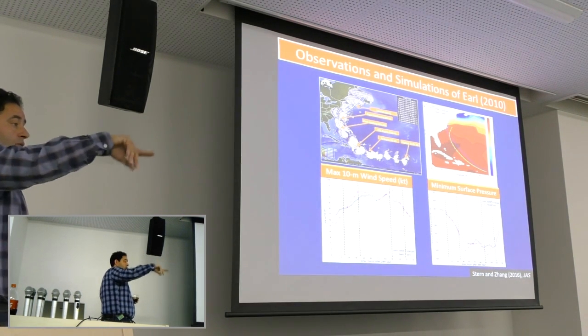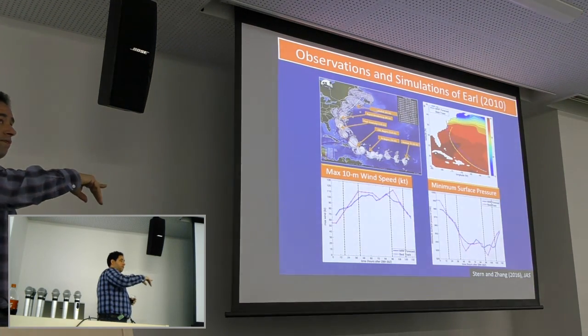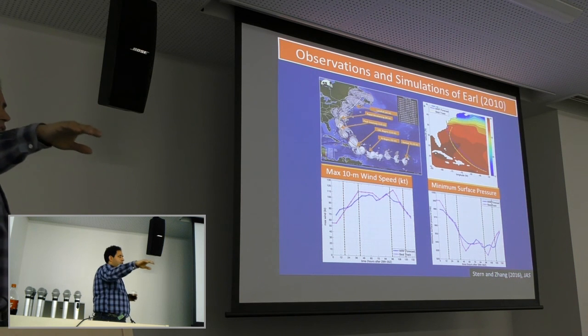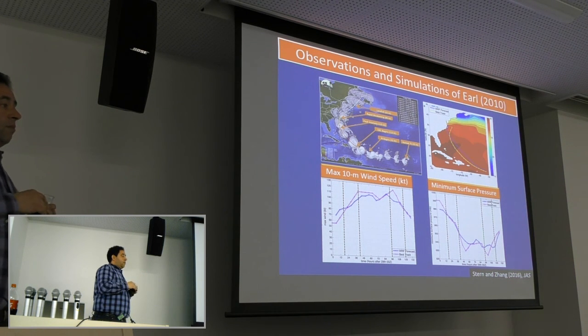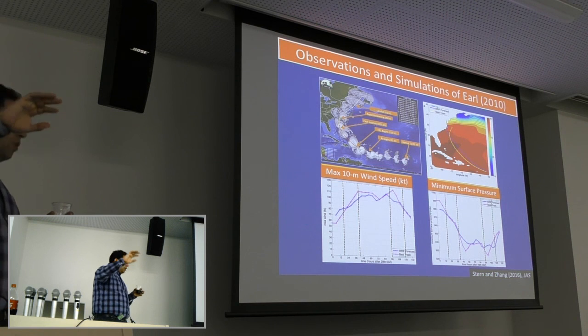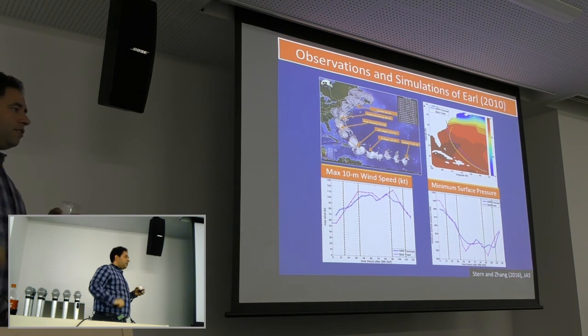The radial profile of tangential wind, or the radial profile of the pressure, changes, but because the gradient wind depends on the radius, you can have a lower pressure with a weaker wind at a larger radius.